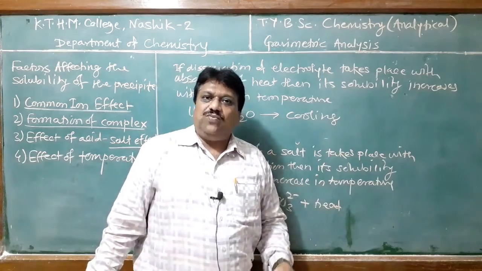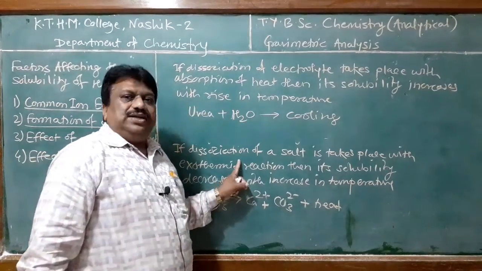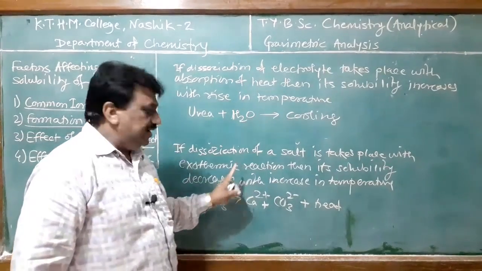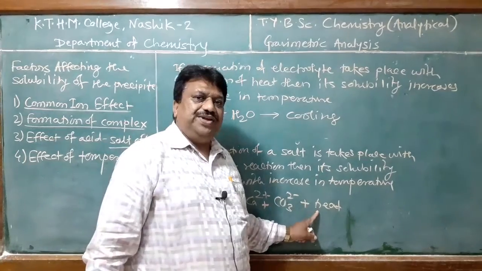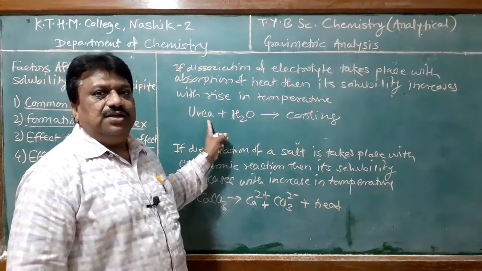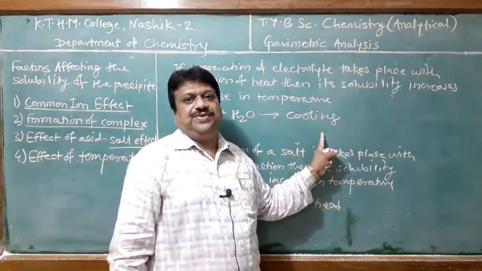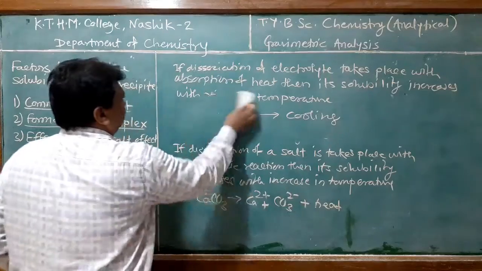Generally, the solubility of electrolyte increases with temperature, but it is related to the type of salts. If salt dissociates with liberation of heat, then its solubility decreases, and if salt dissociates with absorption of heat energy, then its solubility increases.